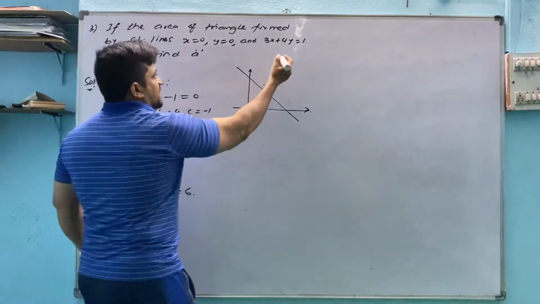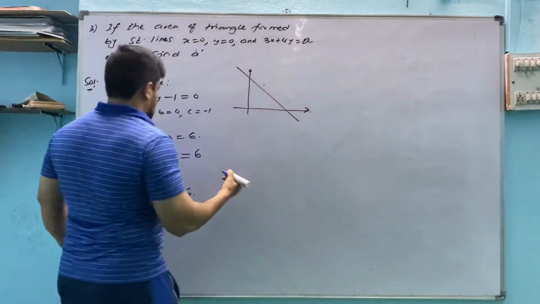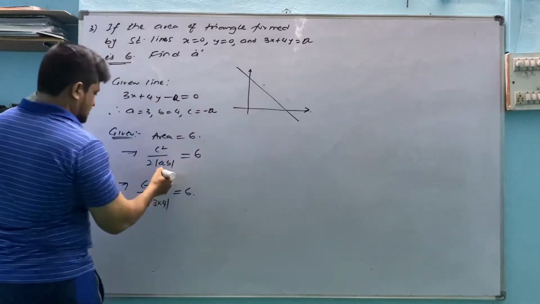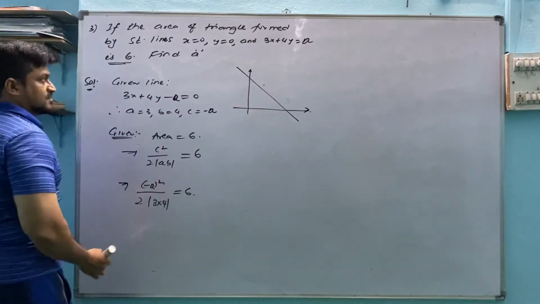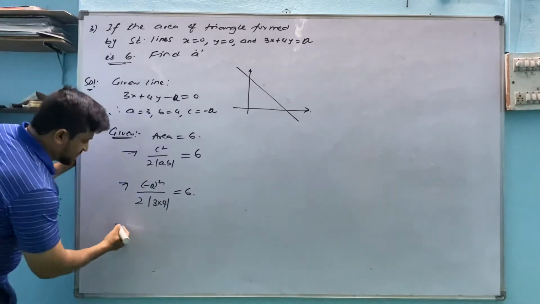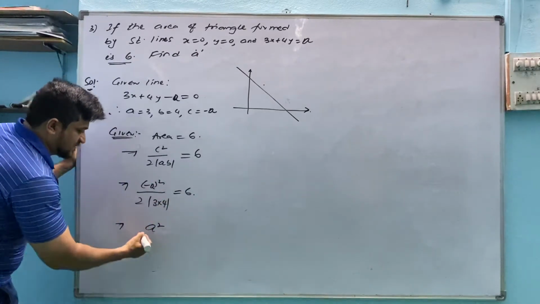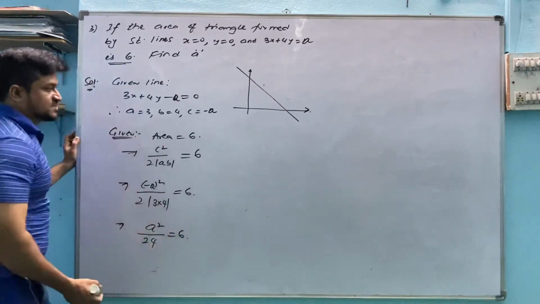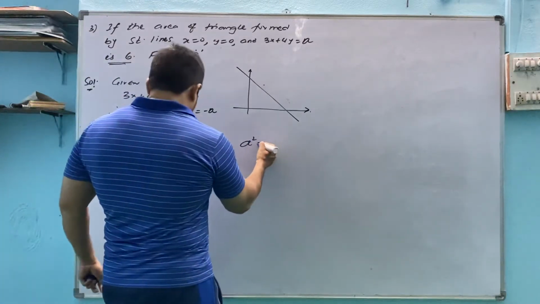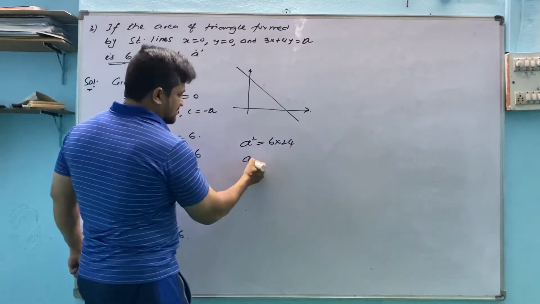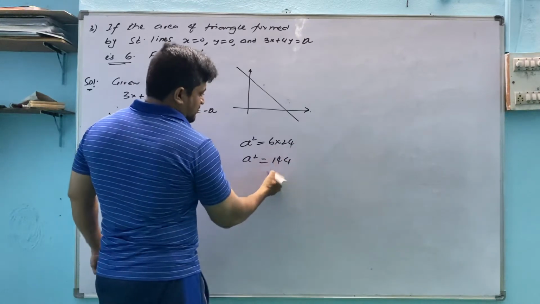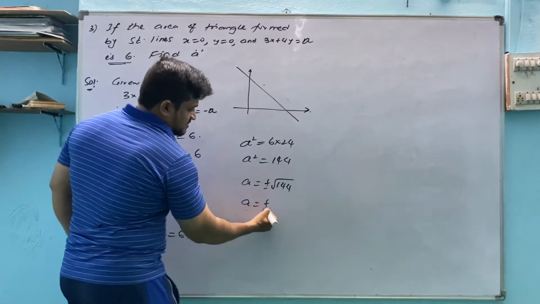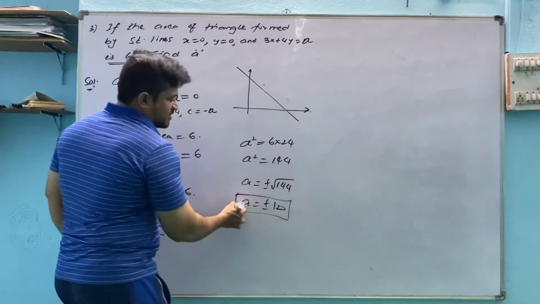Minus a square is a square now. A negative value multiplied twice gives a square. 2 3s are 6, 4s are 24, so a square by 24 is equal to 6. a square is equal to 6 into 24, which is 144. a is equal to plus or minus root 144. So we got the value of a.